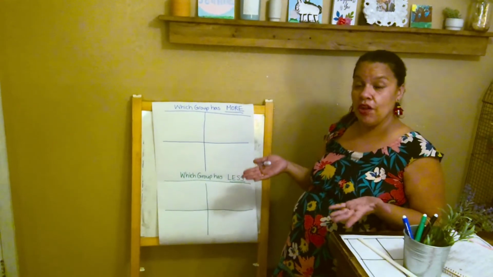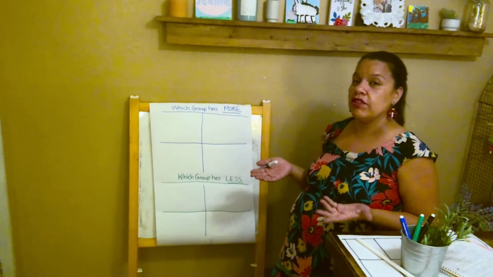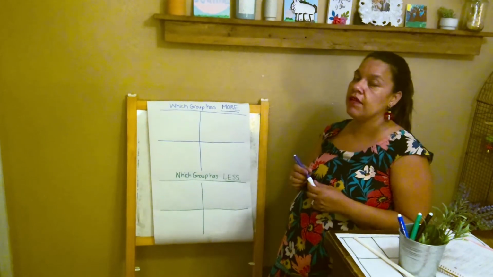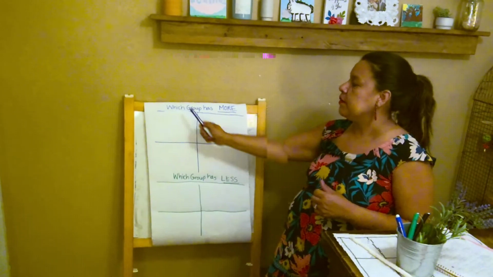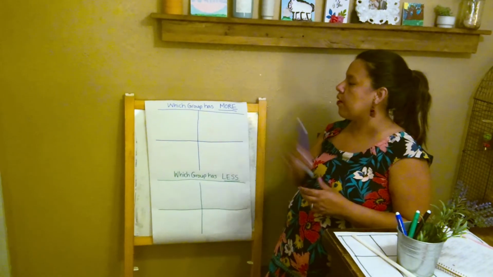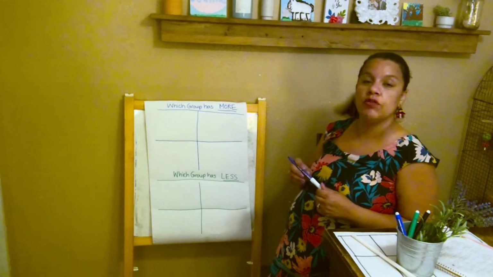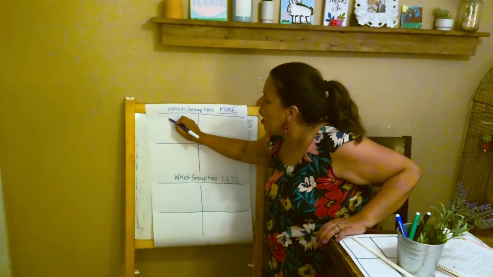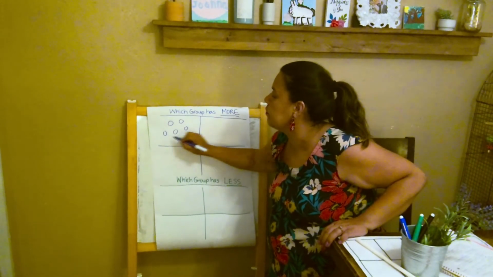So now that you know how to decide which group has more and which group has less, let's draw some examples of groups that have more and groups that have less, okay? This one says, which group has more? So let's draw some objects and let's see which one has more. Let's draw some circles. I'm going to draw a bunch of circles.